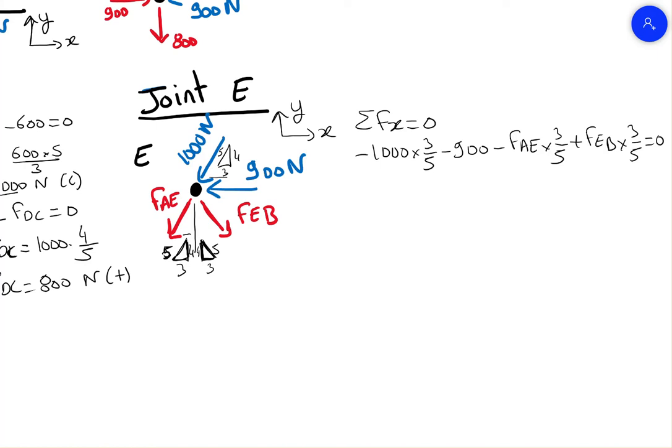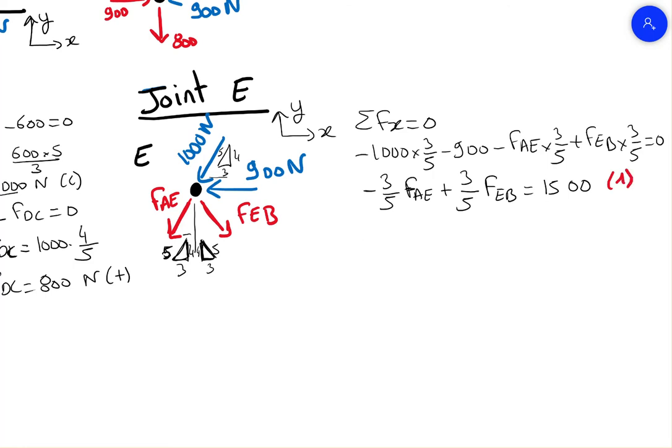I think we will need the matrix, so let's write this better. So we have minus 3 divided by 5 FAE plus 3 divided by 5 FEB. And this one is 1000 times 3 divided by 5, it's 600, minus 900, so it's equal to 1500 to the right, minus minus, going to the other side of the equal sign. That's my first equation.